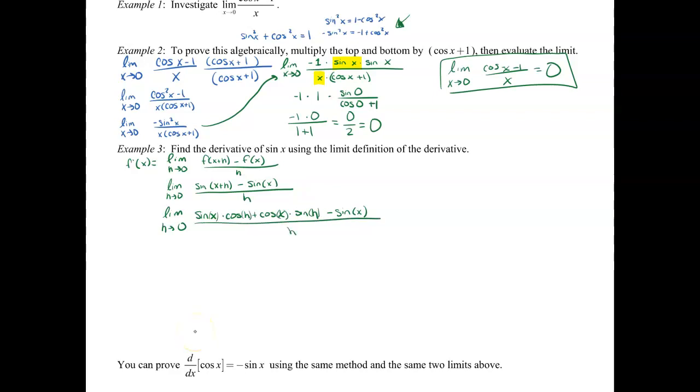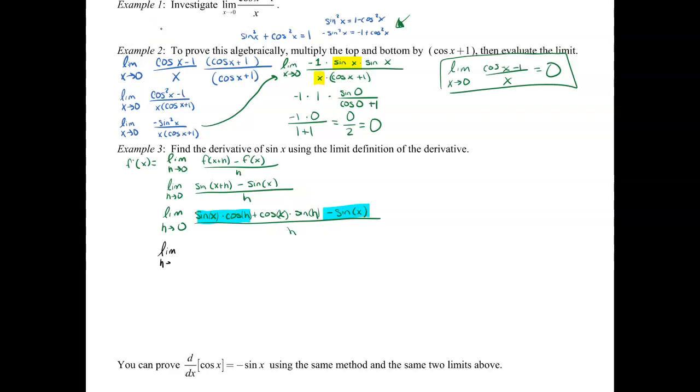Now what I've got to do is get my sine of x's together, kind of. I see that I've got two terms that have sine of x, so I'm going to factor that out of those two terms, which is weird, but I'm still going to do it.